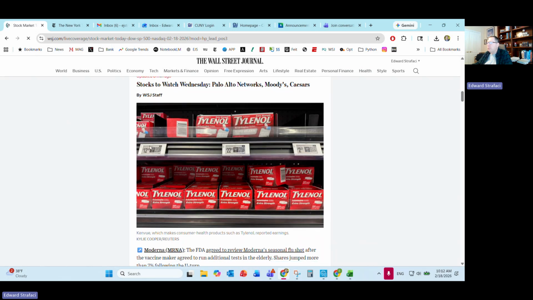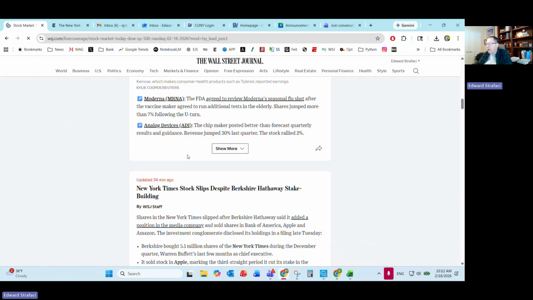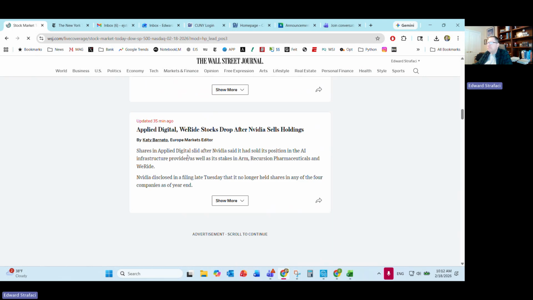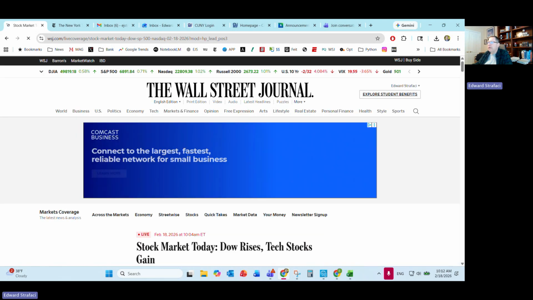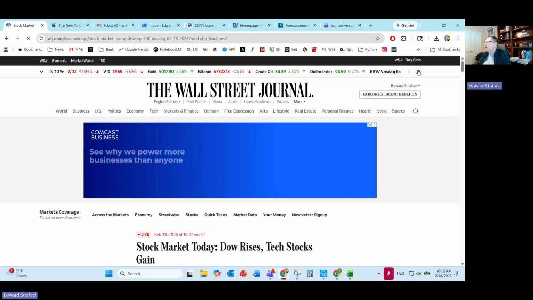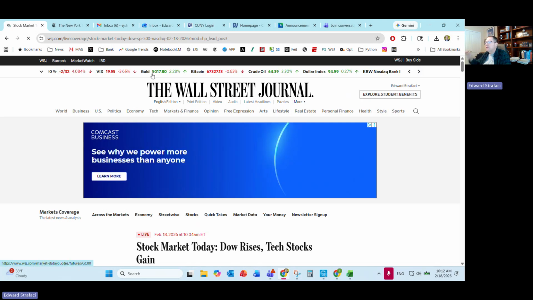Just by following this, you start to get the idea as to what stocks are worth and what the economy is basically signaling. So you see the markets are up today and they're pretty strong, up 1% across the board. And gold, which has been an indicator, is up nicely too today. Seems like gold and the stock market are acting pretty much the same. But look at Bitcoin. Bitcoin has really gotten hit.